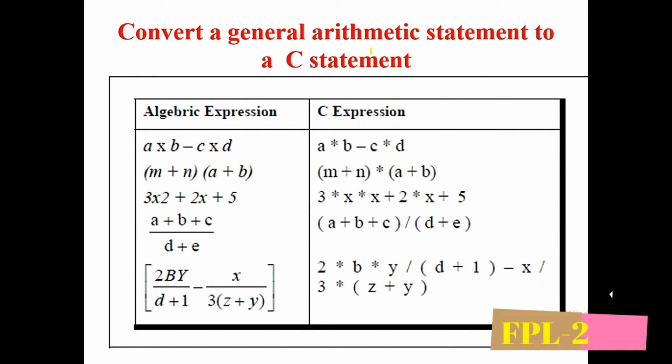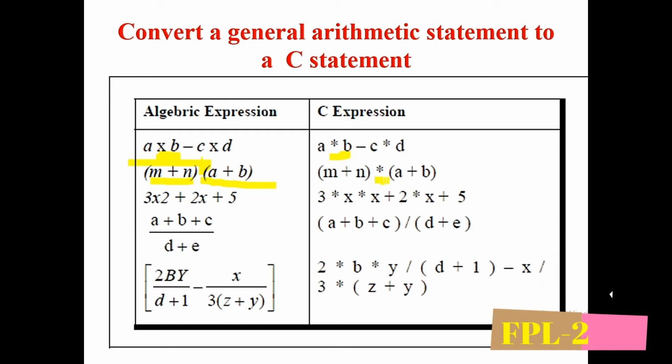Now, in the same way, we convert a general arithmetic statement to a C statement. These are some of the expressions we have. Instead of taking multiplication as a cross, we write it in C language as a star. In math we just write a bracket multiplied by these things, but in C we have to clearly specify the multiplication sign every time.